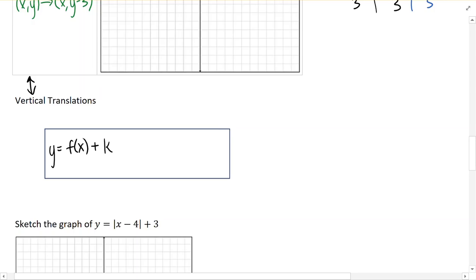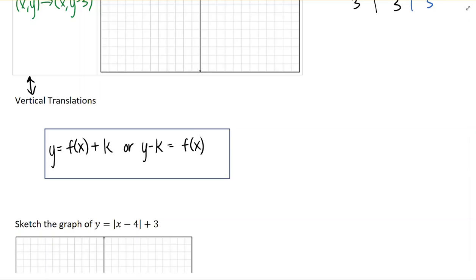So from the function, you add some value k, that will move things up or down. Or another way to write this is to move the k to the other side of the equal sign. So you may also write it this way, where the function is your y value minus k.